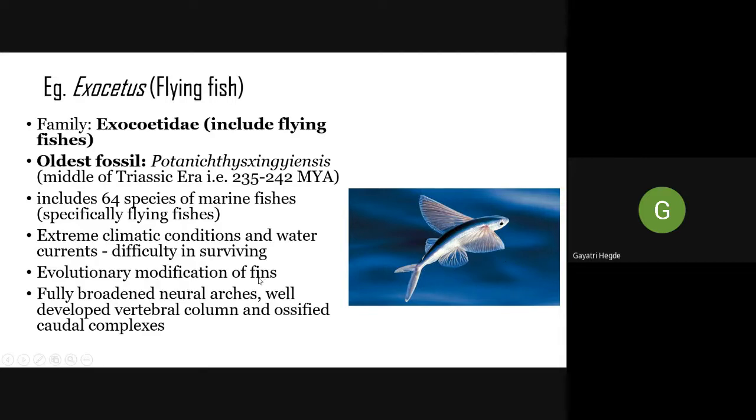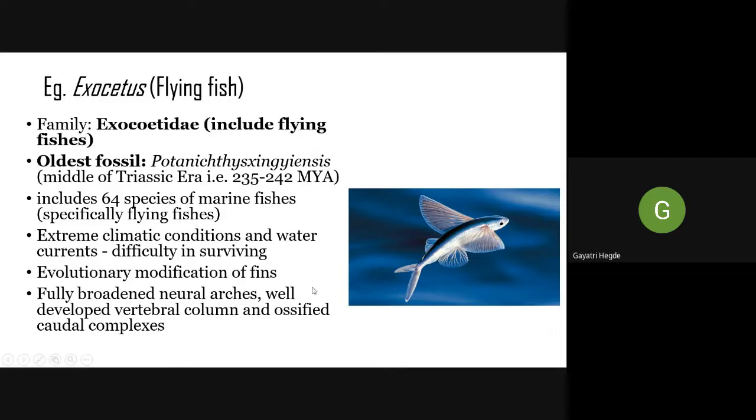What modification? Their fins have fully broadened neural arches. Their vertebral column is very well developed, and the caudal complex is fully ossified. These kinds of evolutionary modifications are seen in animals belonging to the family Exocetidae.